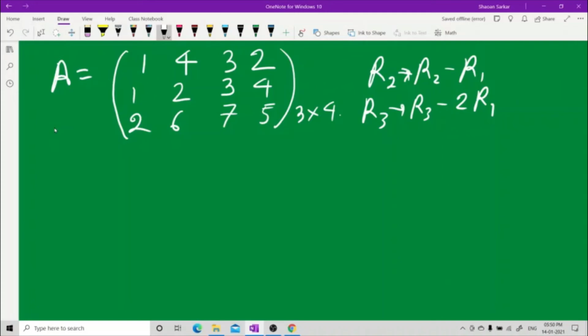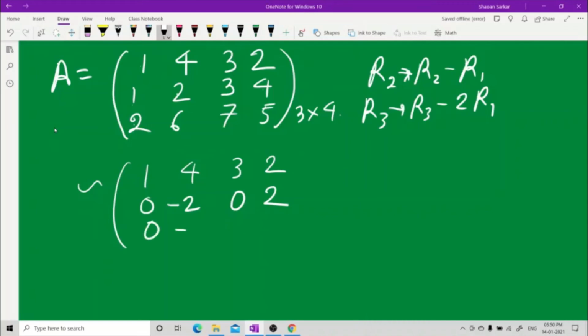So what you will get is 1 4 3 2, then 0, 1 minus 1, 2 minus 4 is minus 2, 3 minus 3 is 0, 4 minus 2 is 2, 2 minus 2 is 0, 6 minus 8 is minus 2, 7 minus 6 is 1, 5 minus 4 is again 1. Now do one thing, make this 0.